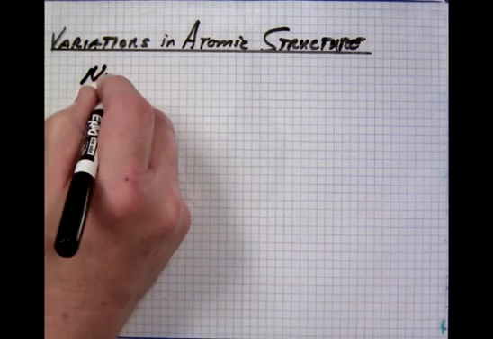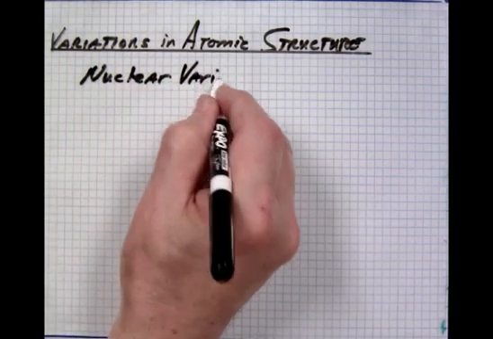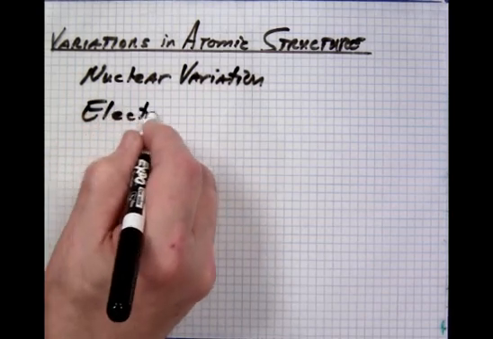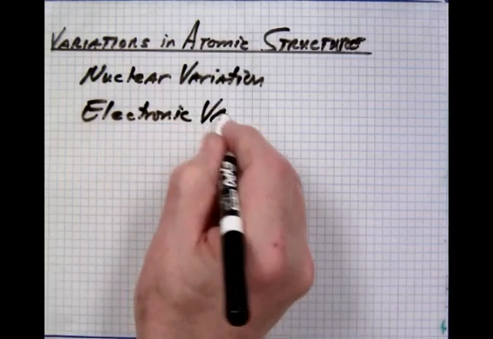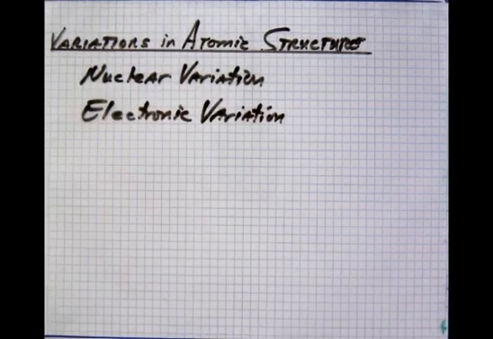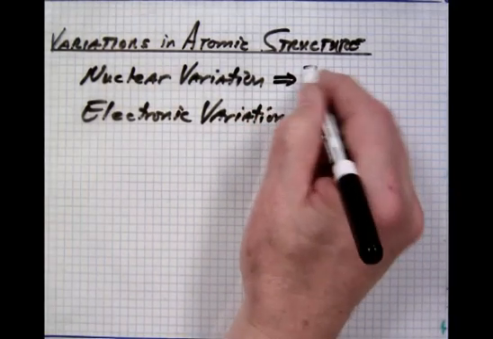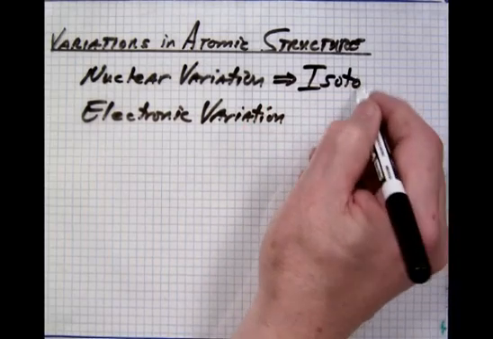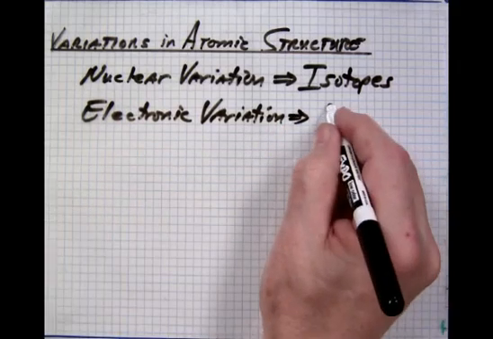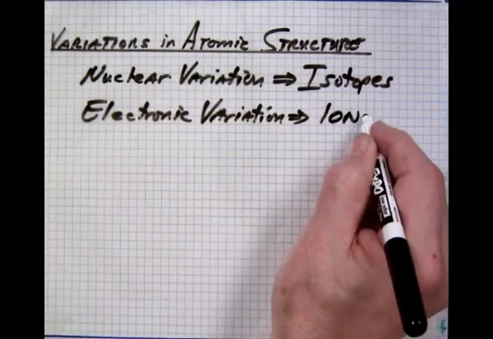You have a nuclear variation and an electronic variation. If we consider nuclear variations, what we're dealing with are termed isotopes. And if we're dealing with electronic variations, we're dealing with structures that depart from neutral to ions.